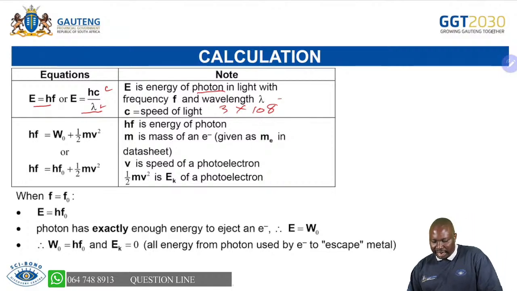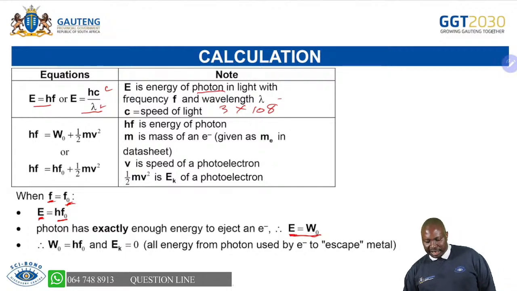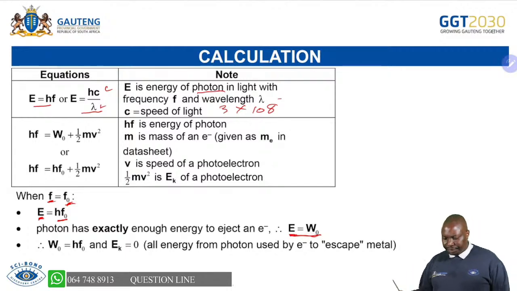So this slide is just clarifying that you will always compare f to f0. In a case where f equals f0, the energy of a photon will be equal to the work function, when the frequency of the incident light is equal to that, and then further explanation as we move on.